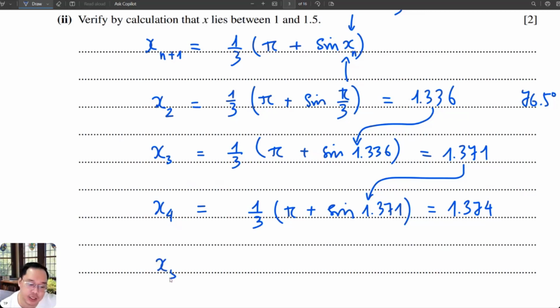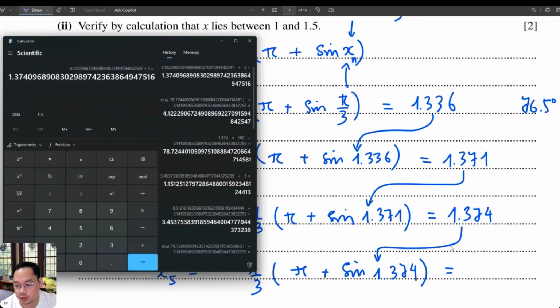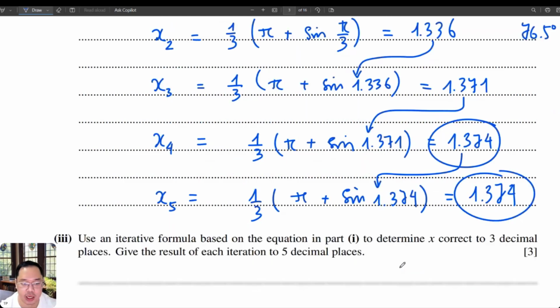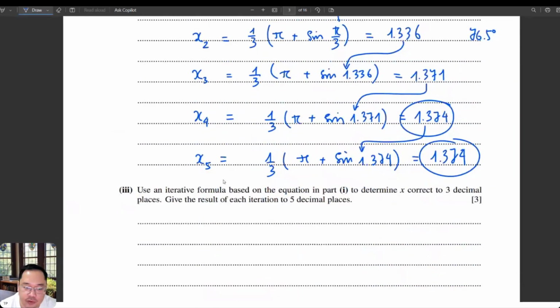Okay, x5 equals sine, replacing it here, 1.374 plus pi and 1/3. You see, 1.374, exactly the same, and therefore the solution of this equation is 1.374.